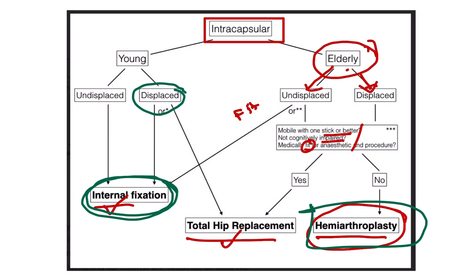So in short, in older patients, what can we do? In a fit patient, we can do total hip replacement, and in an unfit patient, go for hemiarthroplasty.